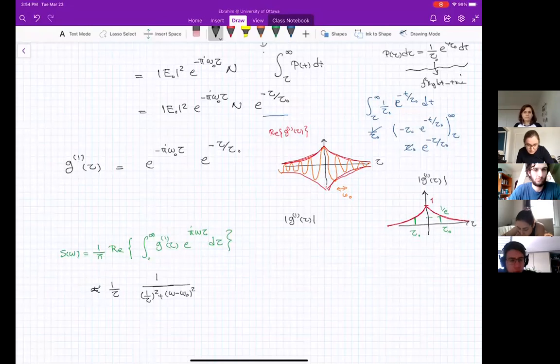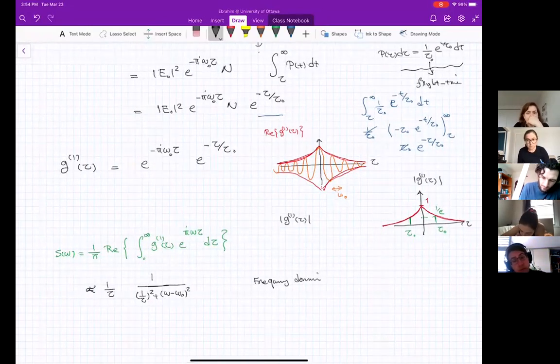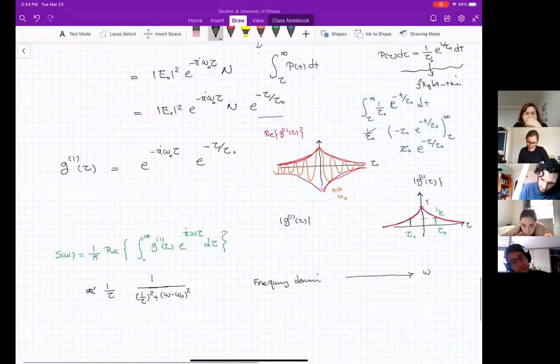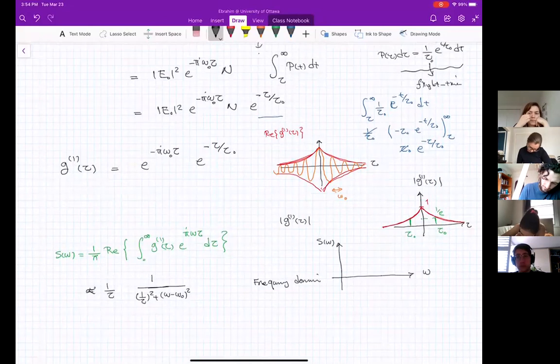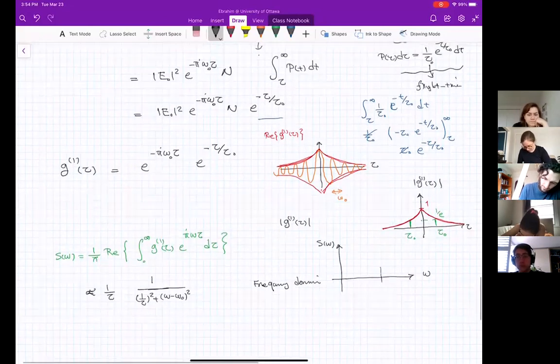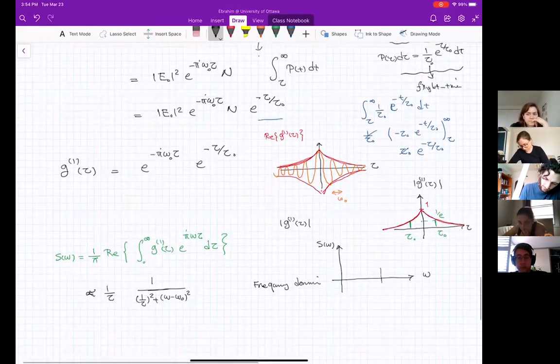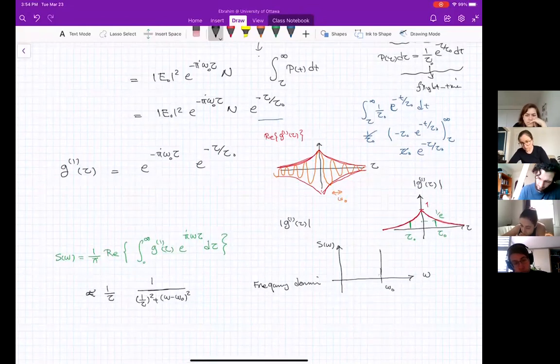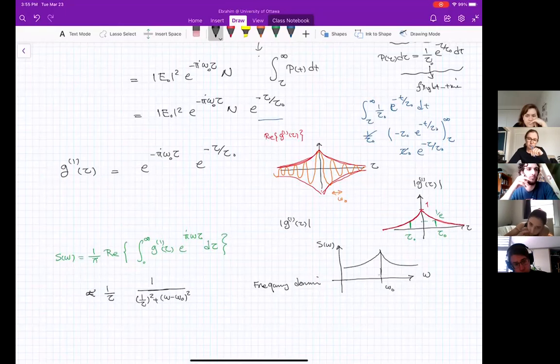So if you go to the frequency domain, what you will get, this is not the G function, remember? This is S(omega). Then you do have a peak around omega naught, but then it decays.